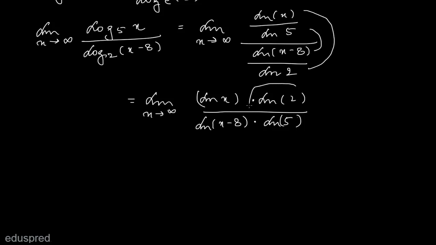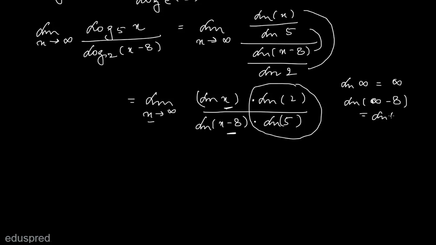Now these two are constants, so your limit would be only applicable to these values. Now if you substitute the value of x as infinity, you will get ln infinity, which is equal to infinity, and the denominator also becomes ln(infinity minus 8), which is equal to ln infinity, which is equal to infinity.